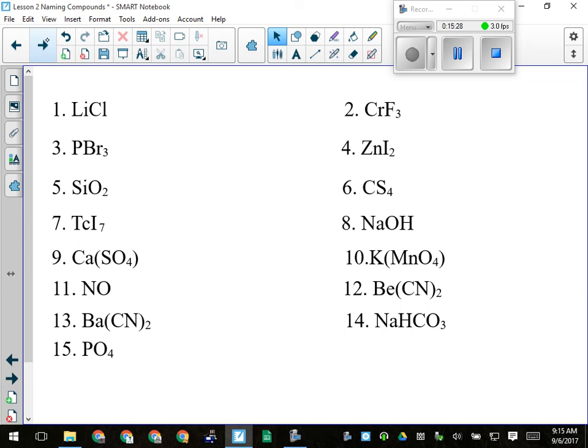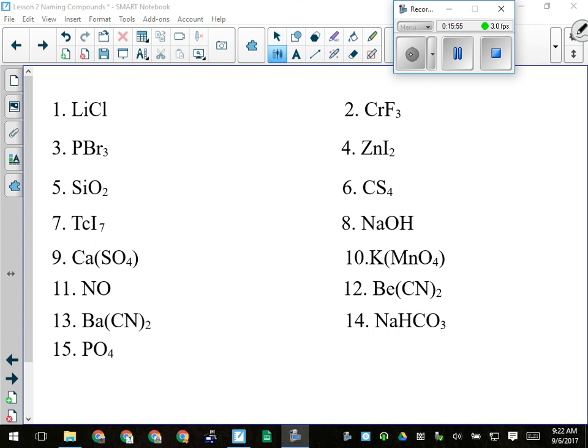Some of them need Roman numerals, maybe. Yes, some of them need Roman numerals, okay? Some of them have polyatomic ions. Now you got to be able to identify on the fly which one's which, okay? Apply the right naming rules, get them right. This is a more realistic kind of, let's say, almost like what a quiz next week might look like. Okay, it wouldn't have 15 of them, but it would have just fewer than that.